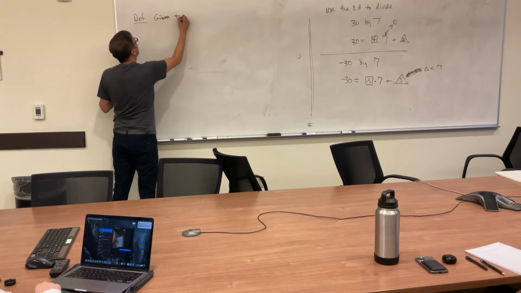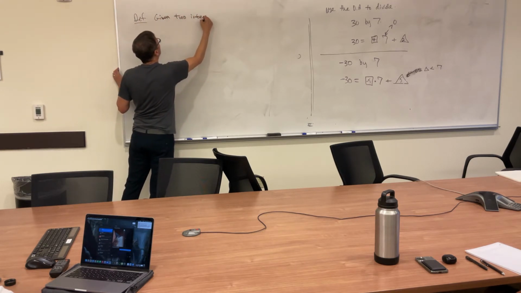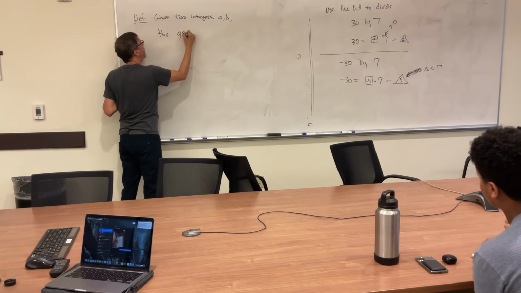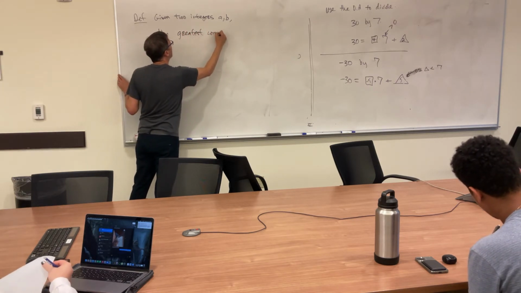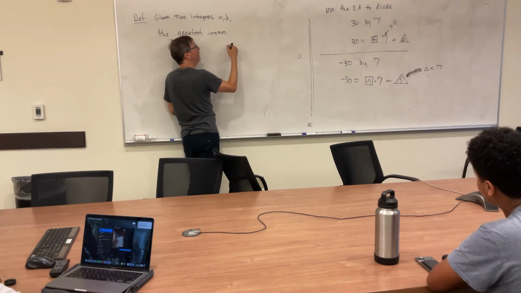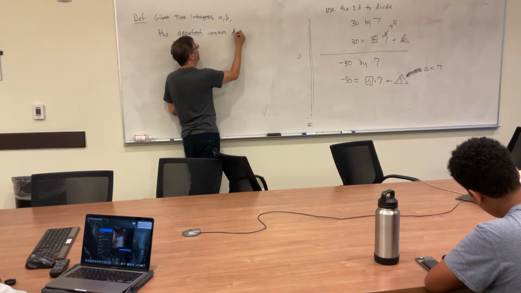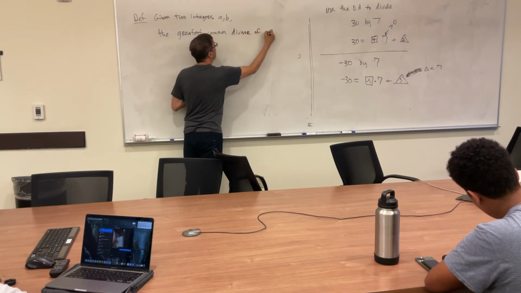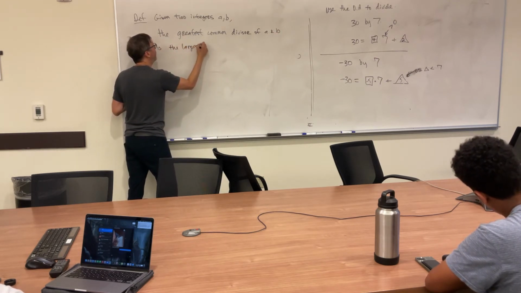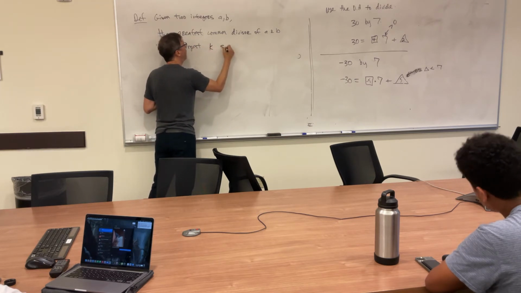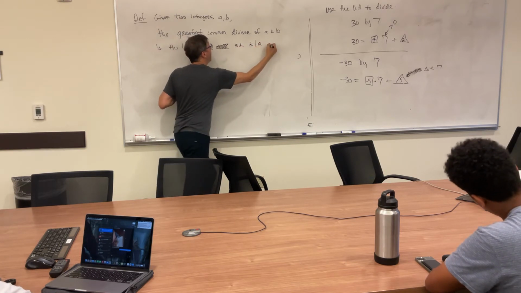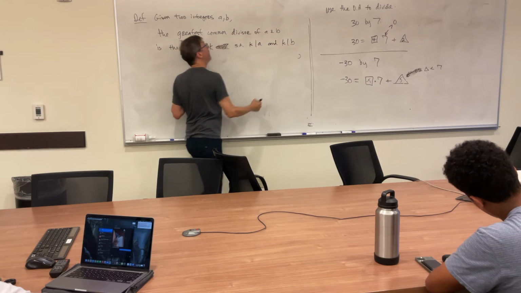Given two integers a and b, the greatest common divisor, which will also be another super prolific concept we see all the time, of a and b is the largest k, which is an integer, such that k divides a and k divides b.